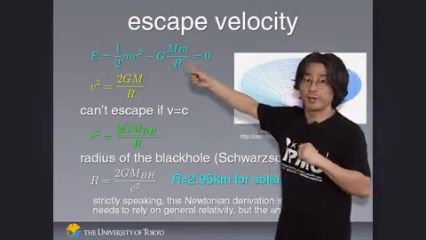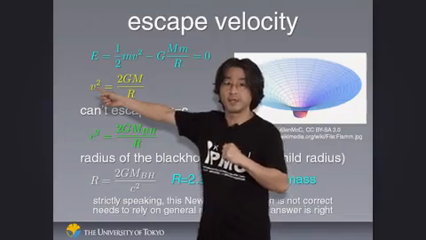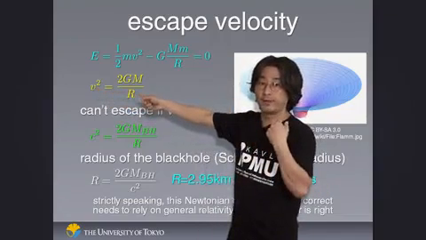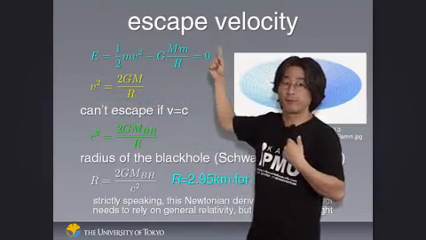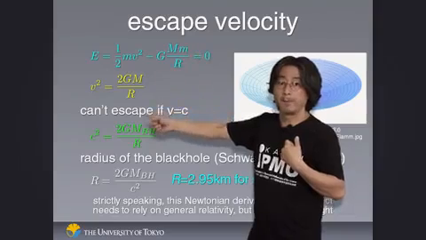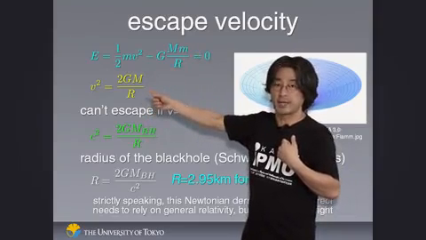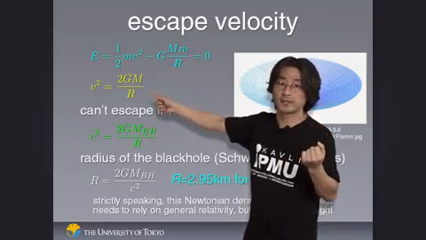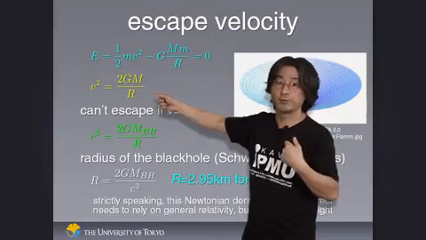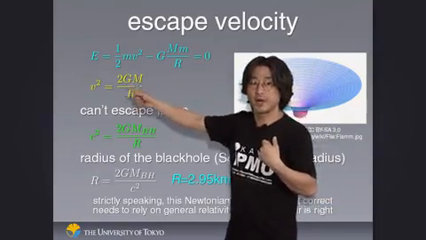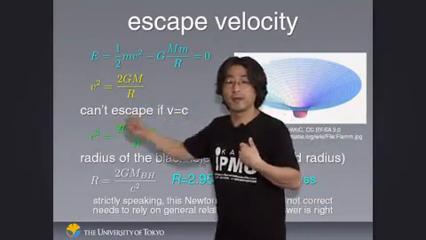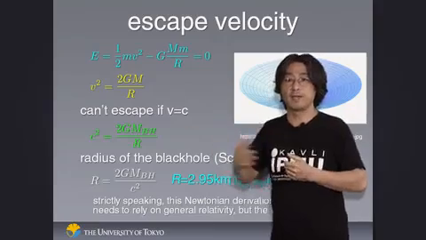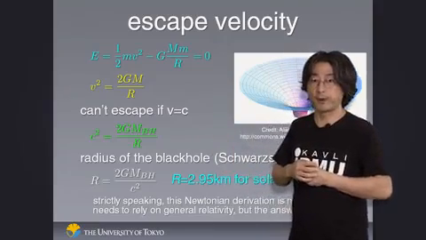Just by solving this equation, you find that your velocity must be at least this to be able to escape the force of gravity, and this is what is called escape velocity. But if this required escape velocity is bigger than the speed of light, you know nothing can go faster than the speed of light, so you can never do that. So by setting this combination to be the speed of light, that would be the condition that even light would not be able to escape from the force of gravity.